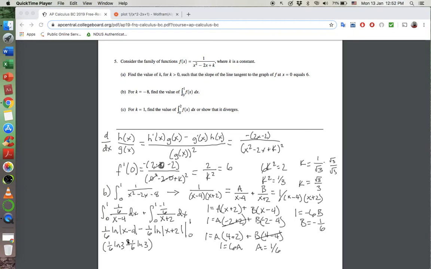And so that's convenient, we can just get rid of that. Anything minus itself is equal to 0, logs included.